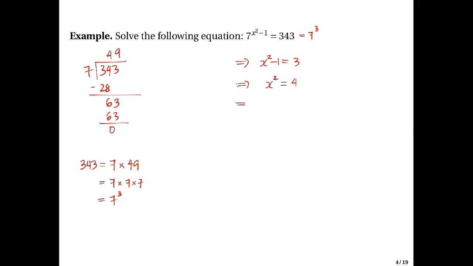And therefore, our x is equal to plus or minus square root of 4. But square root of 4, that's equal to 2. So our x is plus or minus 2. So these are the solutions to this equation in here.